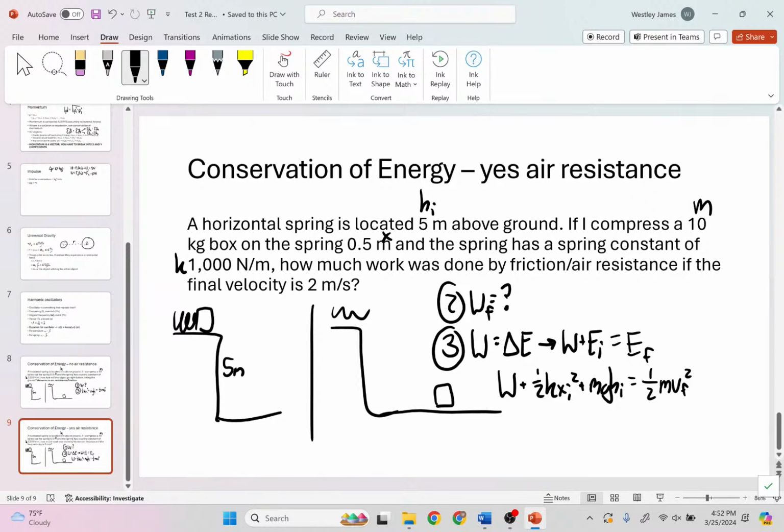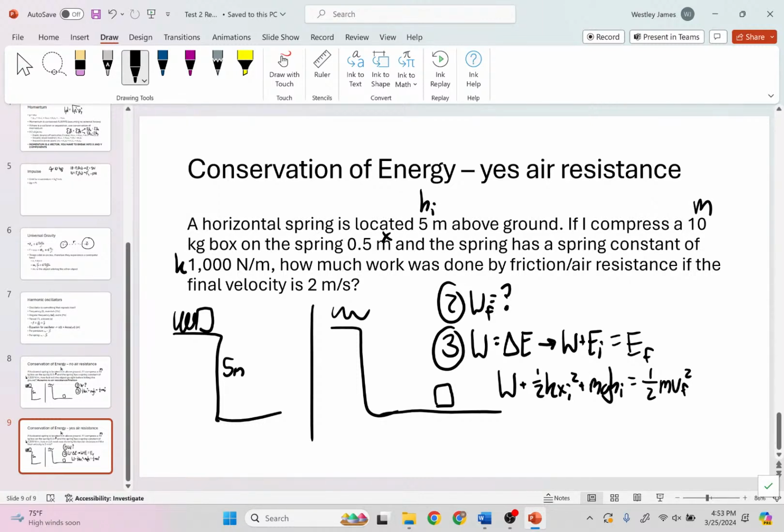If we were to set that up as subtracting the work of friction from the final kinetic energy, would that be correct? Totally. Yeah, it's all math. All works out the same. Whether you had energy final minus energy initial equals work, totally fine.